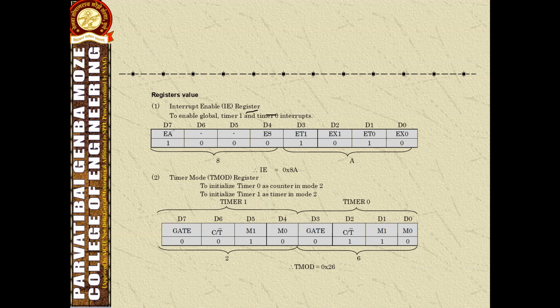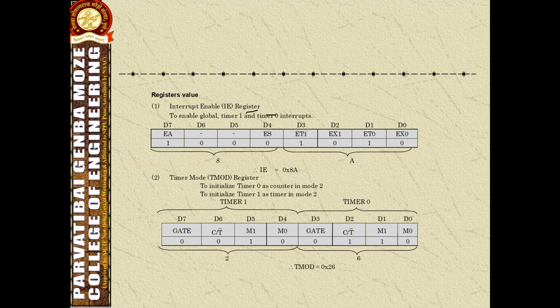For generating the interrupt, these required bits should become high: ET0, ET1 should be high, ES should be low, and EA, enable all, should be high.